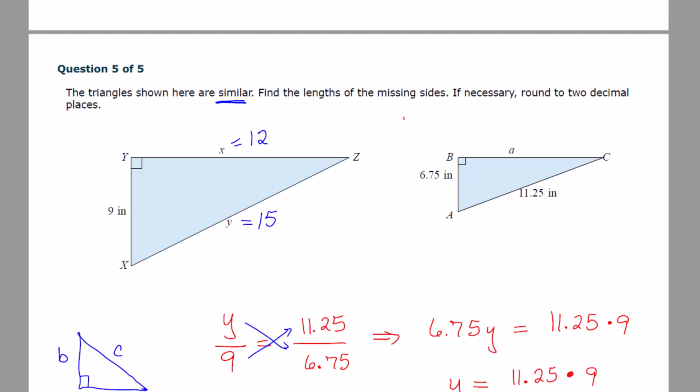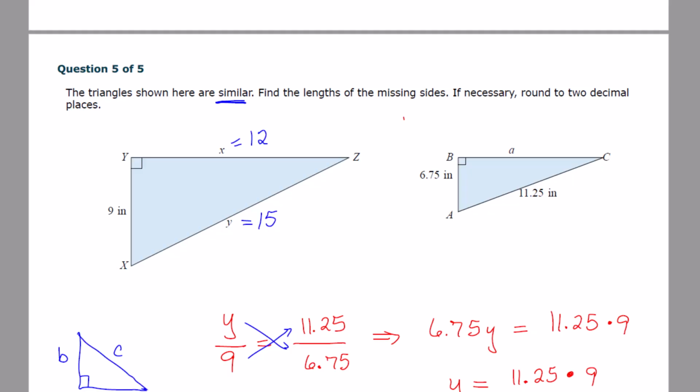What about a? Well, there are a couple of ways I can get a. I can use the Pythagorean theorem on this part, or I could set up a ratio between 12 over 9 would have to be a over 6.75.